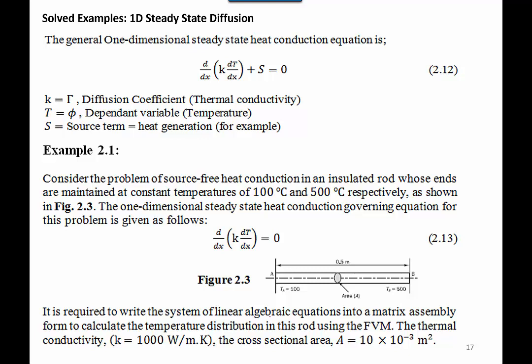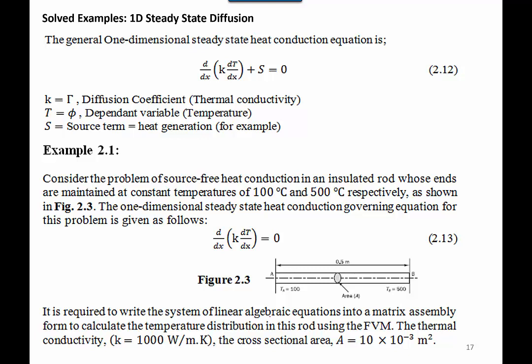So we replaced gamma with the thermal conductivity value, and phi with the temperature, which is the dependent variable, and the source term depends, maybe there is a heat generation source term or sink term, etc.